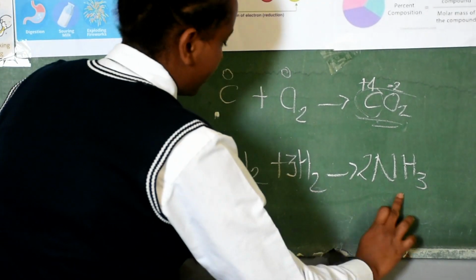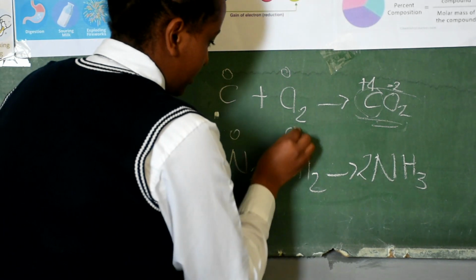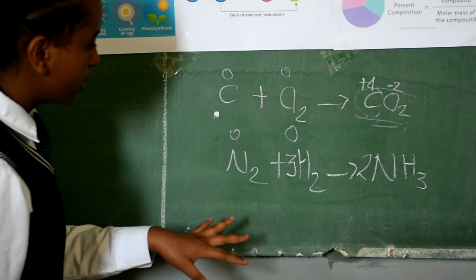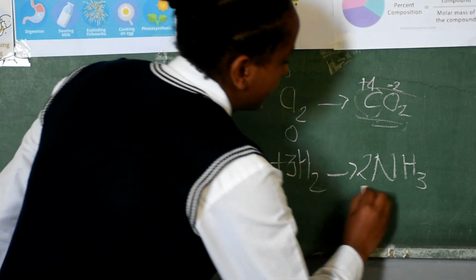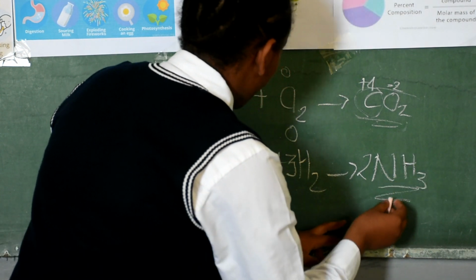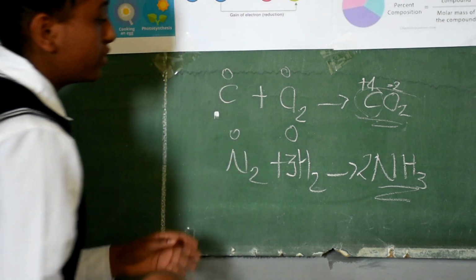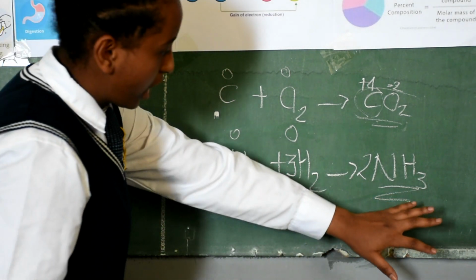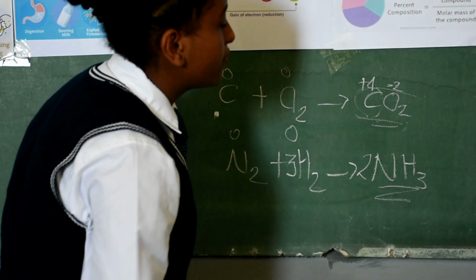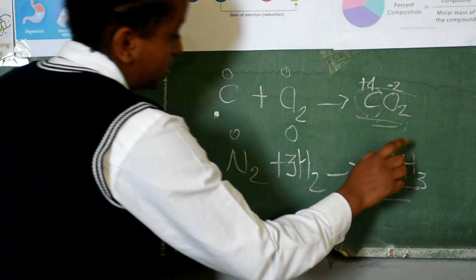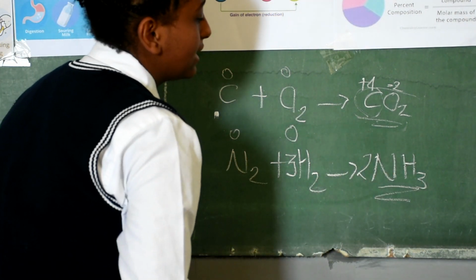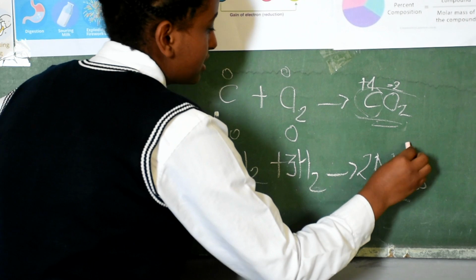So when we look at this reaction, in an elemental form the oxidation number or state is 0. When the compound is formed, there's also a rule of oxidation state about hydrogen. The oxidation state of hydrogen is +1 with nonmetals, while it's -1 with metals.